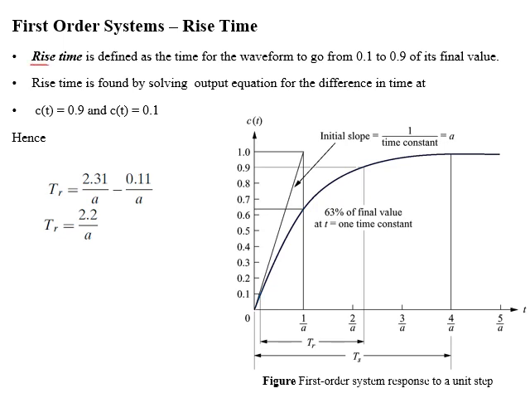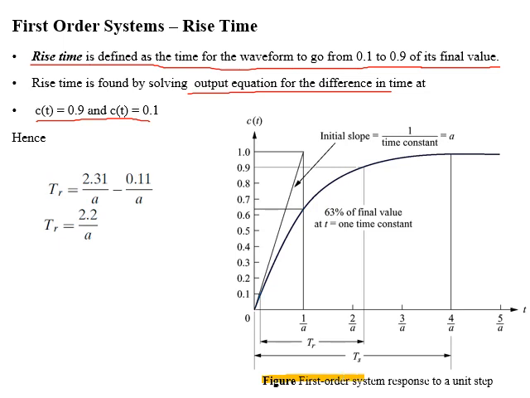Rise time is defined as the time required by the first order system in which its output moves from 10% of the final value to 90% of the final value. For rise time, we will solve the output equation of the system for the values 0.9 and 0.1, find the desired times, and find the difference between the two.